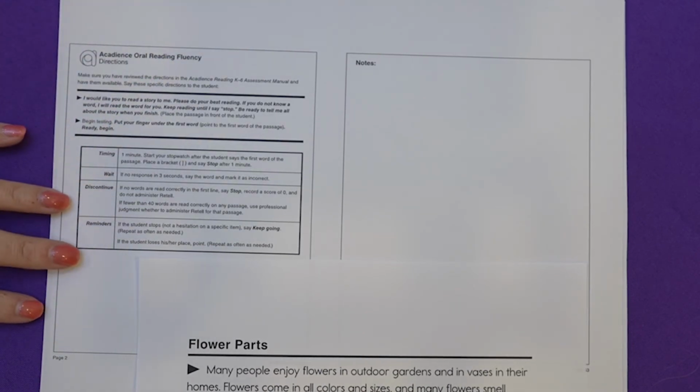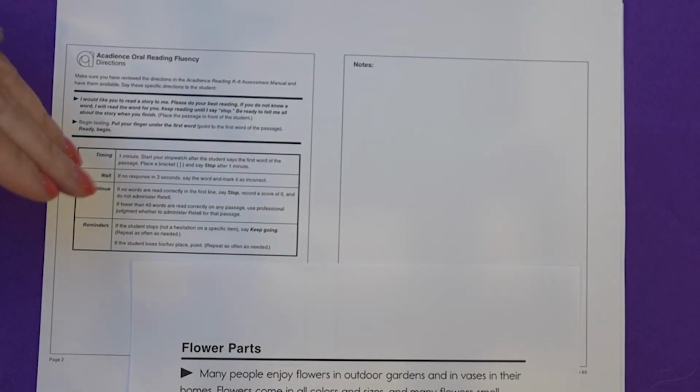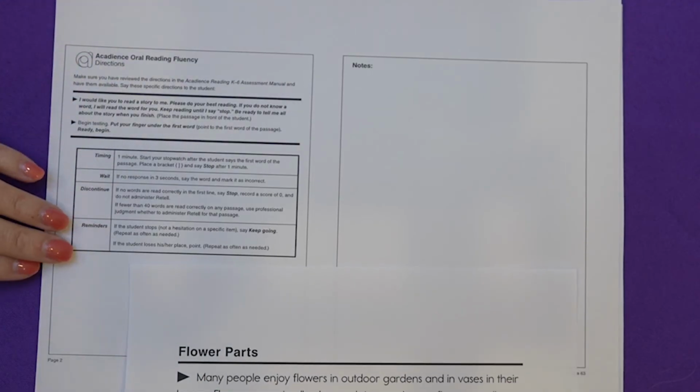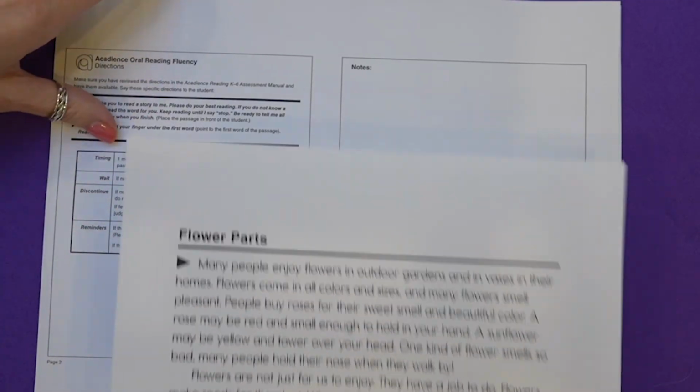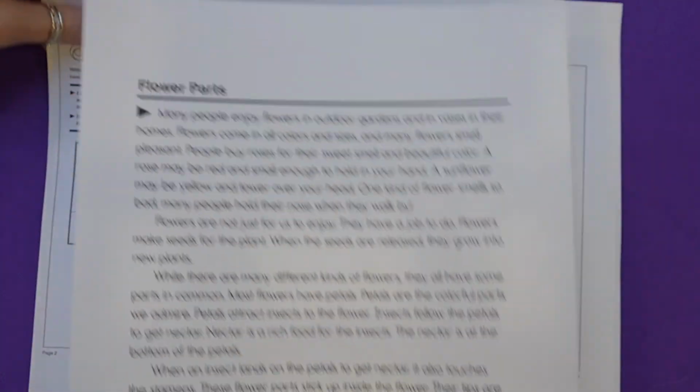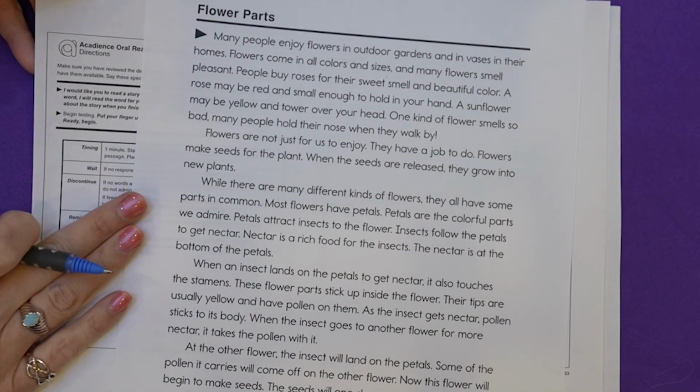If the student hesitates too much, you can say, keep going, and that's fine. If they lose their place completely, you are allowed to point and tell them where to be looking. So here is your student materials. You've read the directions.